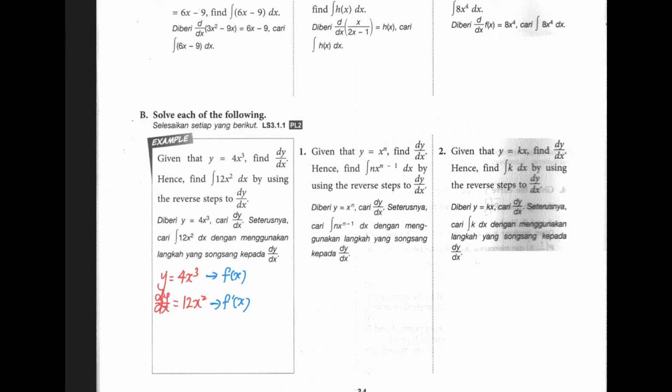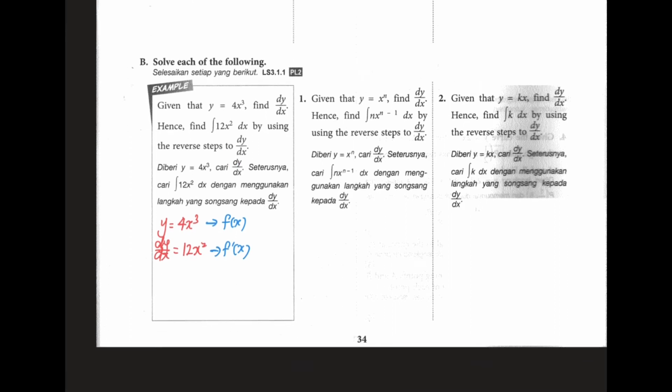Okay, now let's see the next part. Hence, find integration of 12x squared dx by using the reverse steps to dy/dx. So they ask you to integrate this by using the inverse of differentiation. 12x squared is f prime of x.